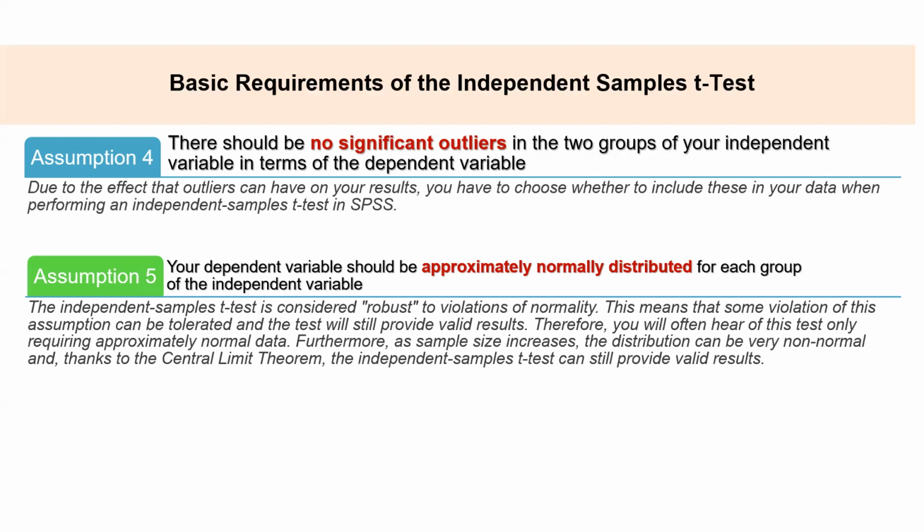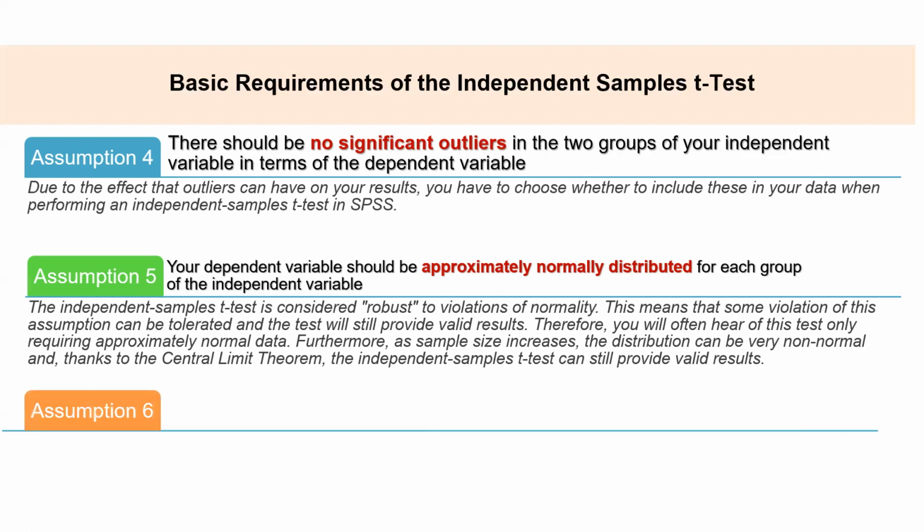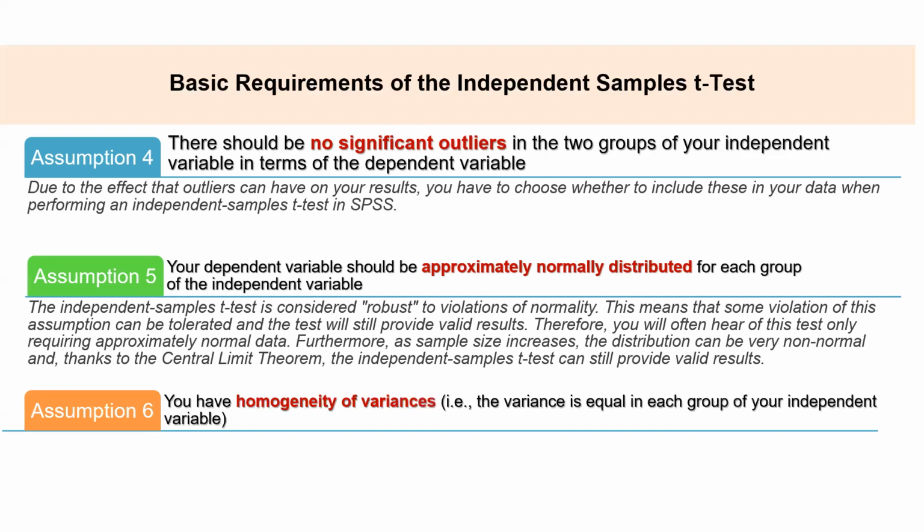However, we have to thank what we call the central limit theorem, because the central limit theorem states that as you increase your sample size, then most likely you will be reaching the true mean of your distribution. Then the independent samples t-test can still provide valid results for such. That's why assumption number 5 can somehow be violated, or can be tolerated, I mean.